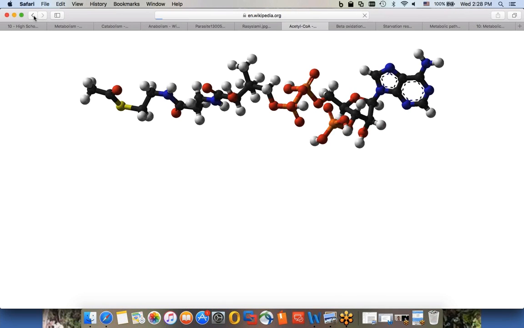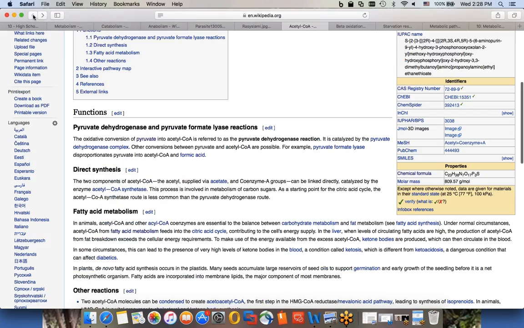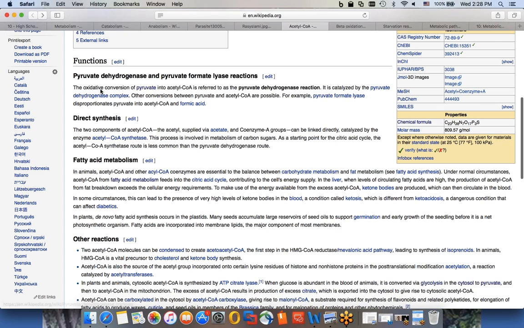So acetyl-CoA is used in the citric acid cycle. After we break the pyruvate, it also forms acetyl-CoA. And then once you have acetyl-CoA, the mitochondria can do the citric acid cycle and then the electron transport chain.